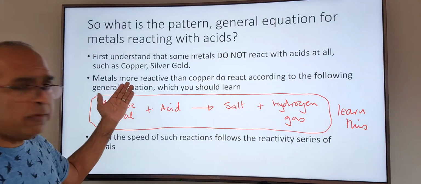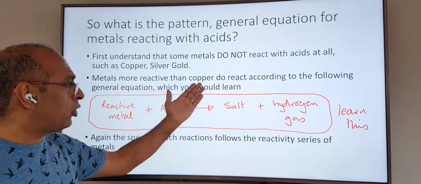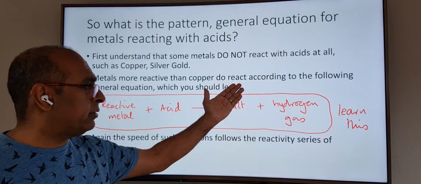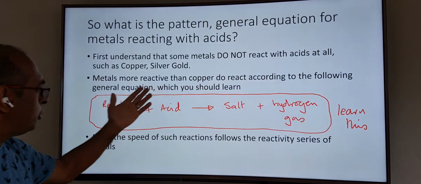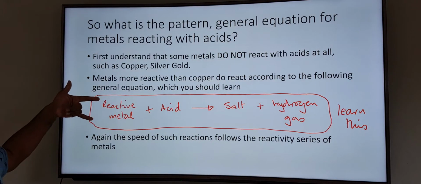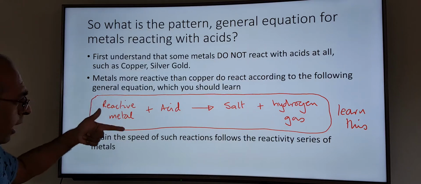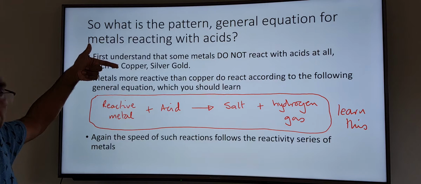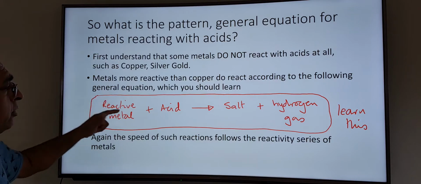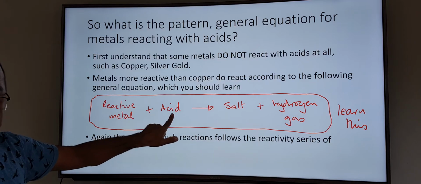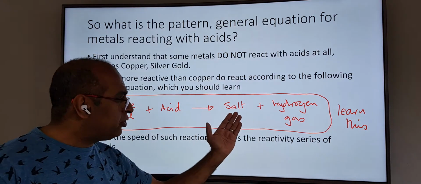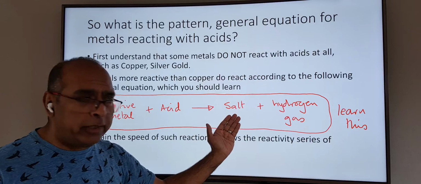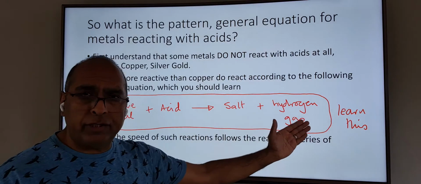But the metals that are more reactive than copper, they do react, and they react according to the following general equation, this one here. Look, a reactive metal, if it's reactive enough, it's got to be more reactive than copper, silver, gold, etc. If it's a reactive metal, then it will react with an acid, and it will make this term salt that I've been wittering on about earlier, and hydrogen gas.